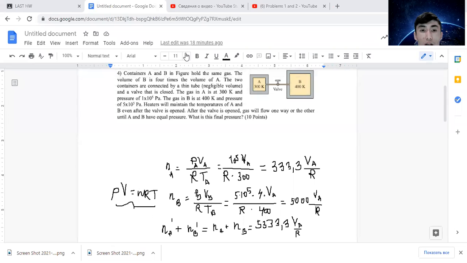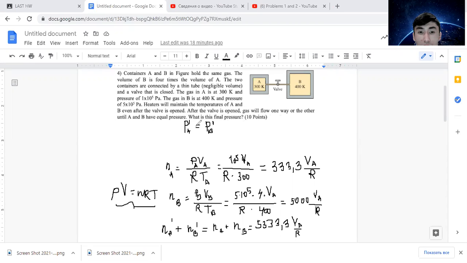It means the valve is opening. When the valve is opened, pressure will be equal. So let's call it PA equal to PB. This is the pressure after the valve is opened.